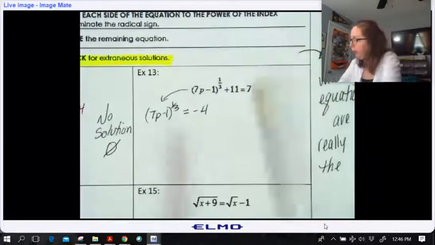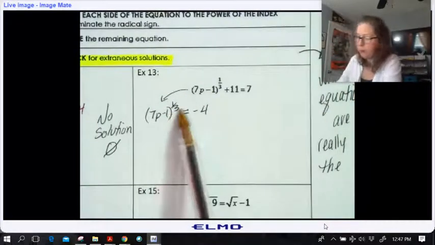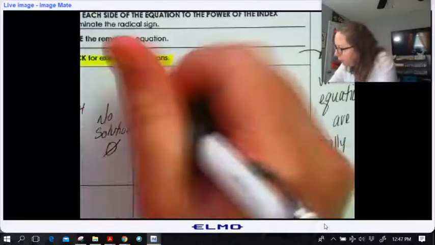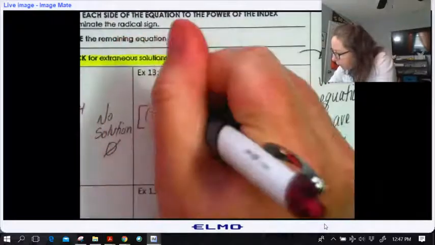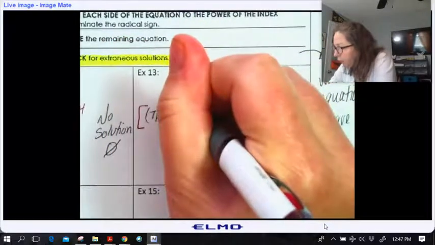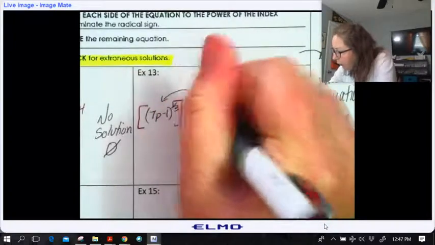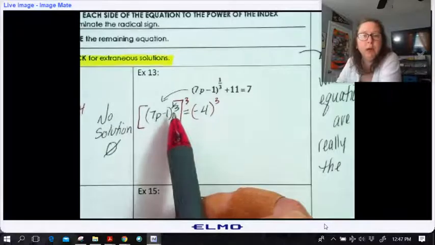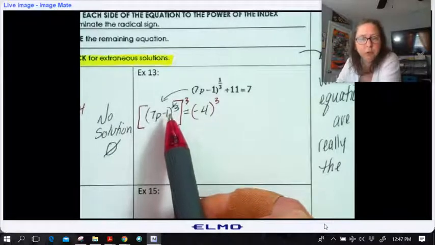In order to get rid of this when you see it as a fraction, here's what we can do. We can raise it to the 3rd power, because the 3rd power is the opposite of a cube root.